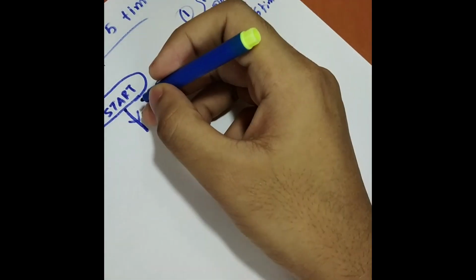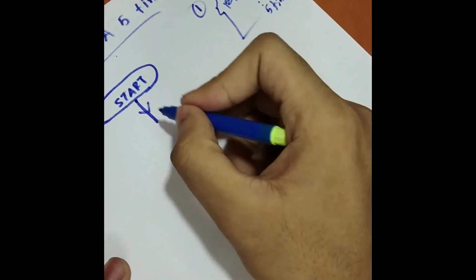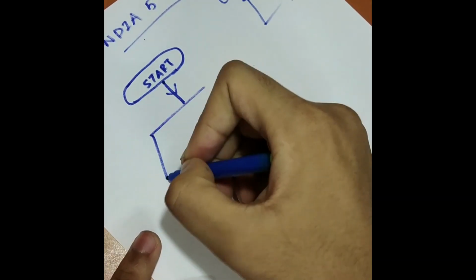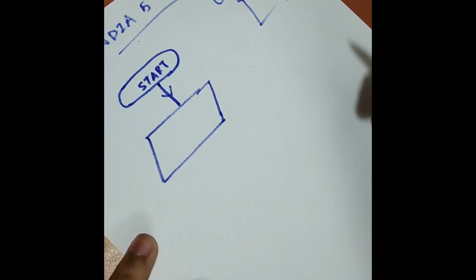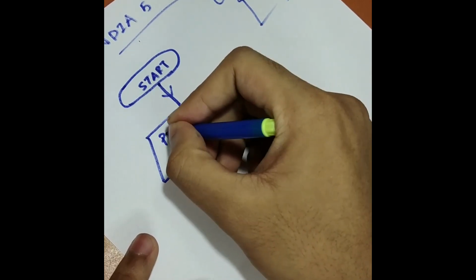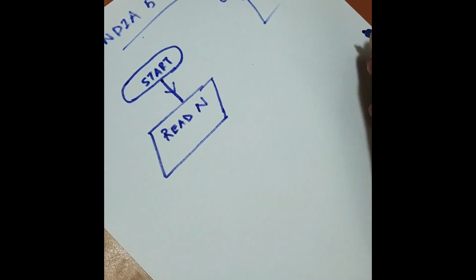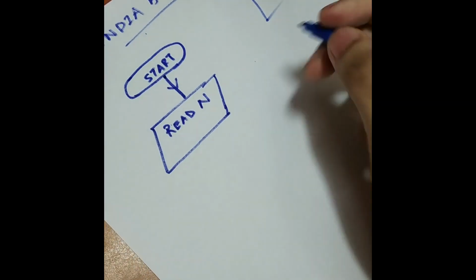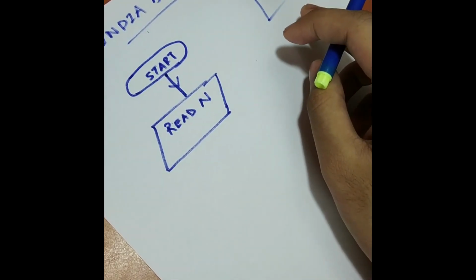So obviously, as I told, the number is varying, from 5 to 1 million to 100. So obviously we have to take a variable. Let's input a variable. Read n. That's the main thing. Read n. N can be 5, n can be 100, n can be anything.